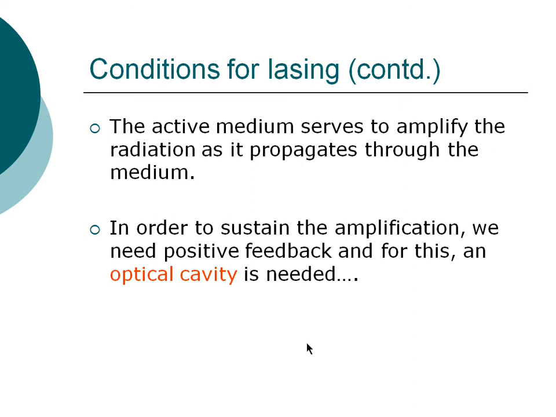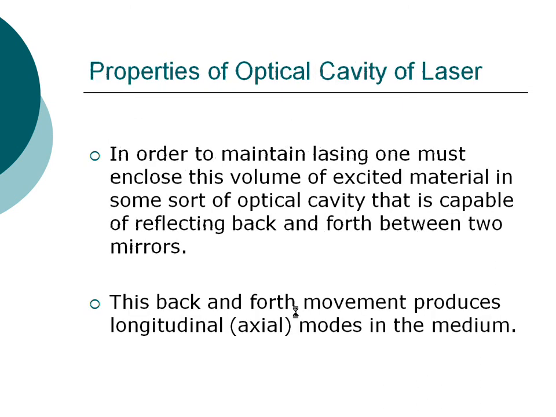So in order to sustain this amplification, to sustain the release of radiation, we need positive feedback. And to make conditions suitable for positive feedback, an optical cavity is needed. So in this optical cavity, we have to have some form of a standing wave inside the cavity.